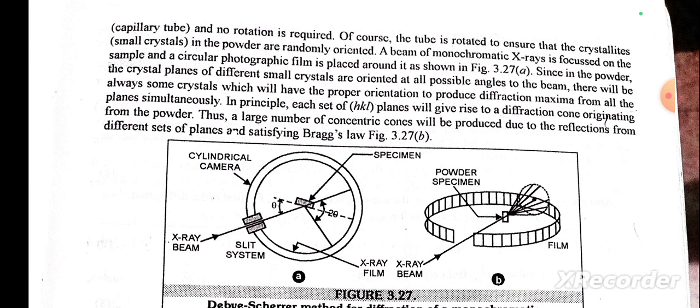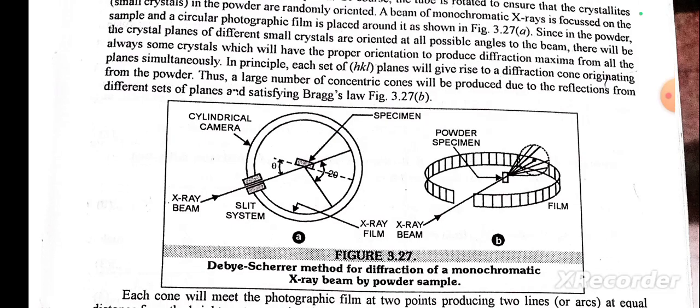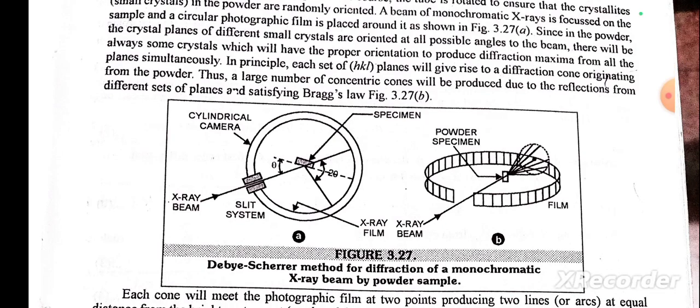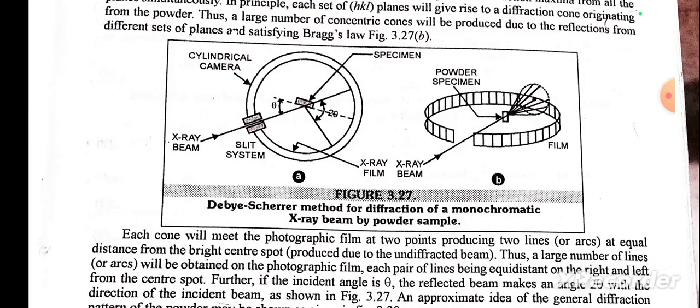Since the sample is a powder, the crystal planes of the small crystallites are at all orientations to the beam, and there will always be some crystals which have the proper orientation to produce diffraction from all the planes. In principle, each set of hkl planes gives rise to a diffraction cone originating from the powder, and thus a large number of coaxial cones are produced due to reflection from different sets of planes.